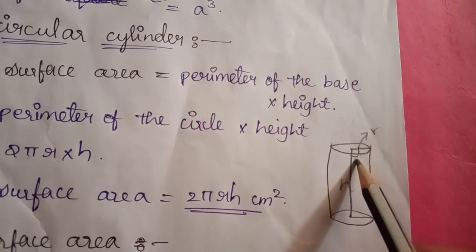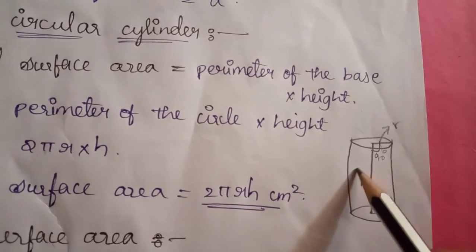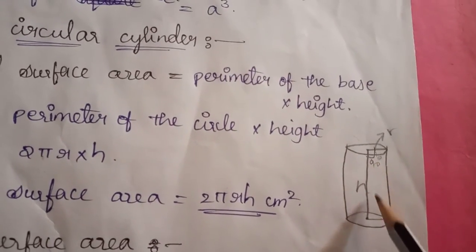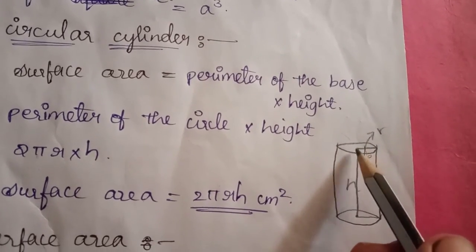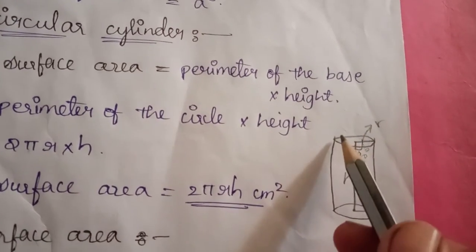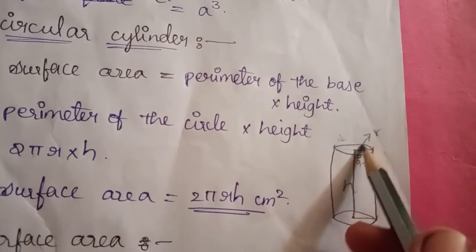So here it should be 90 degrees. Then it is known as a right circular cylinder. Here this is the height, and the base of the cylinder is a circle. So this is the diameter and half of it is the radius.